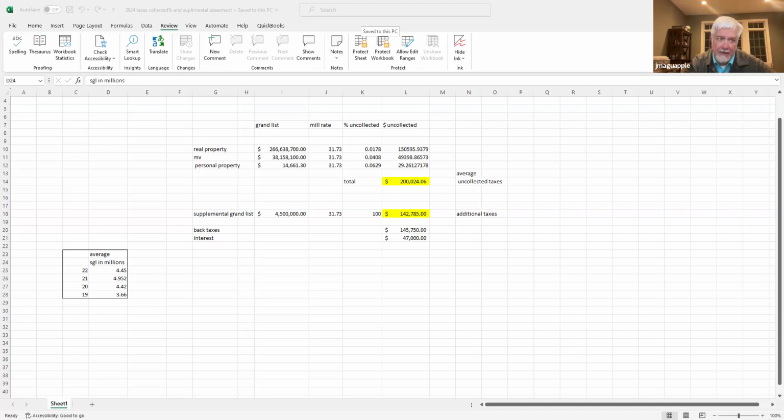Because what we would do, to make it as simple as possible, is take the $20,000 we are short, lower our expected revenue by $20,000 and collect $20,000 more in taxes split across all the residents. Anybody? No, I agree with you, Jeff.